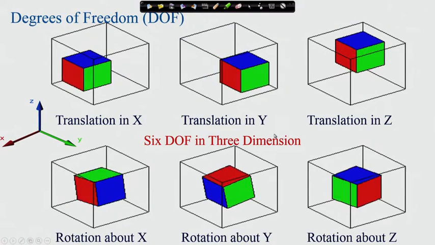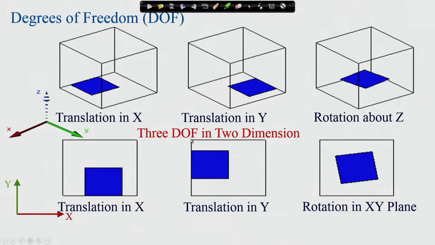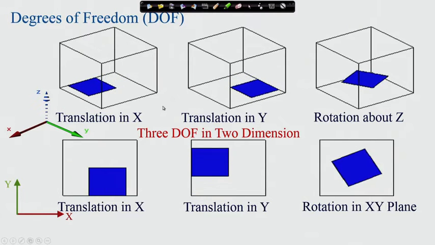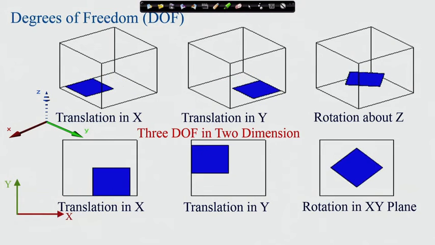Now if we take a problem in 2D, then in 2 dimensions we have 3 degrees of freedom, where the object lies in a plane. So you can have 2 translations and 1 rotation. So these are the 3 degrees of freedom we have of an object in 2 dimensions.